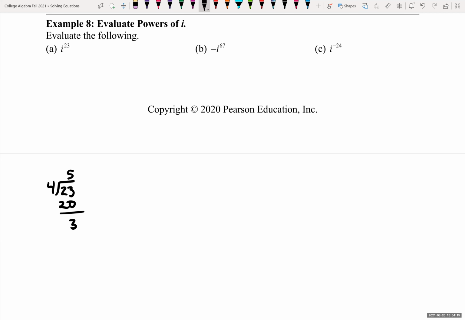And so I know then that i to the 23rd power is the same thing as i to the 3rd power. And then if you don't remember what i cubed is, we can break it down to things that you know, which is i squared times i. i squared is -1, so -i.